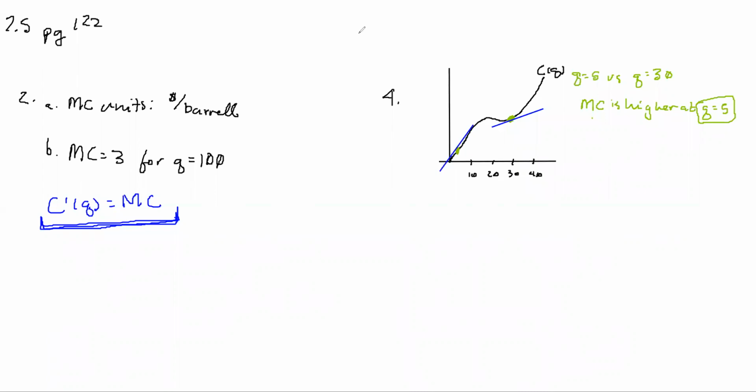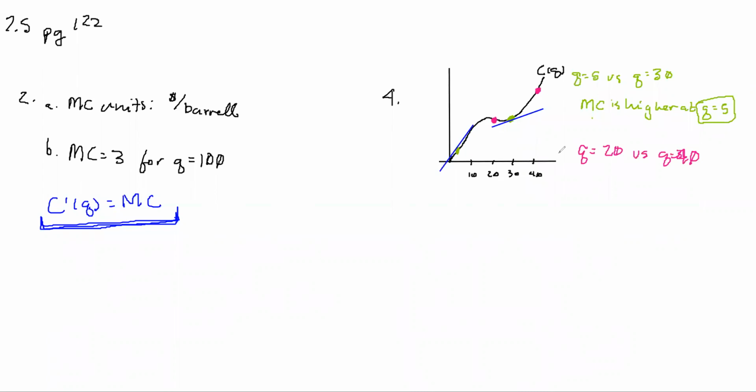Okay, so let's do the exact same thing, but with, if I can get my eraser to work, which I guess I can't. Let's try it with Q is equal to 20 versus Q is equal to 40. So here's 20 and here's 40.